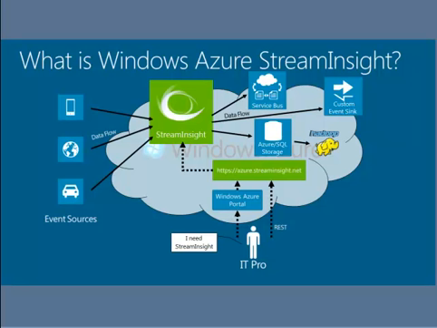Or I can still define my custom event sink, just like I can for the on-premise Stream Insight products and platform, still write my own custom event sources and sinks. I can use that same interface, the same APIs, and the same way of development also with the cloud service.